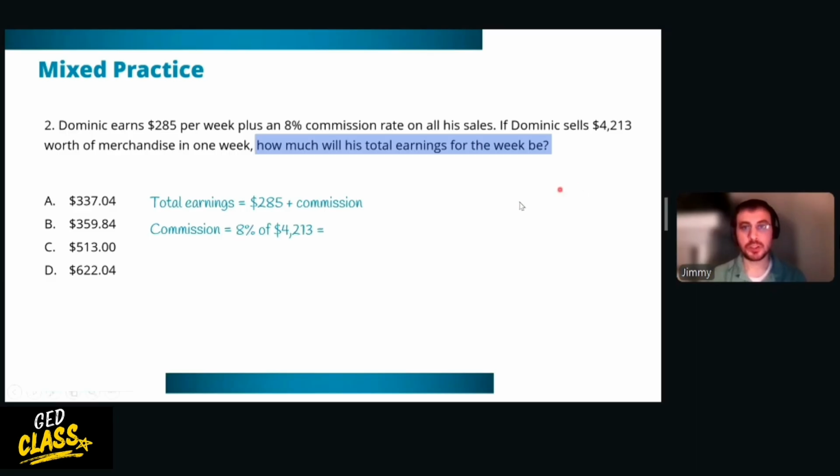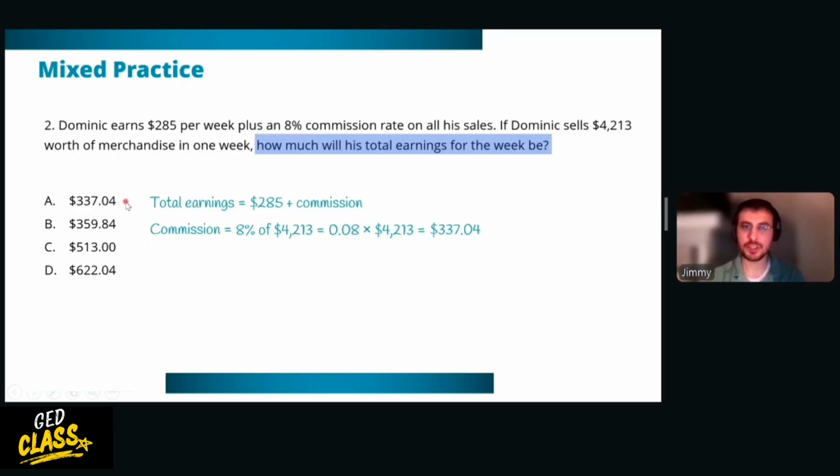And in order to multiply, we're going to have to change our percentage into a decimal. So 8% becomes 0.08. And when we multiply those two numbers together, 0.08 times the $4,213, we get $337.04. And I see that's choice A.